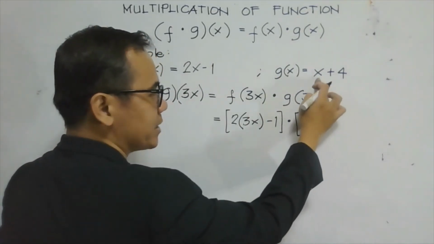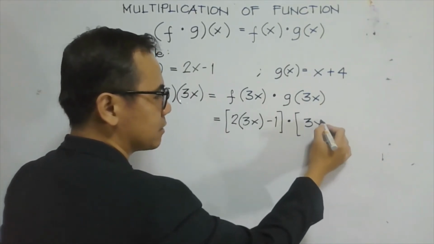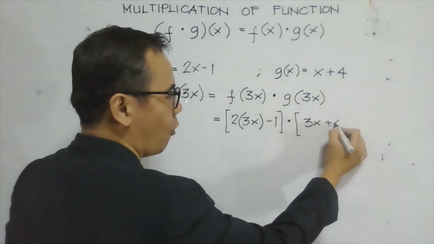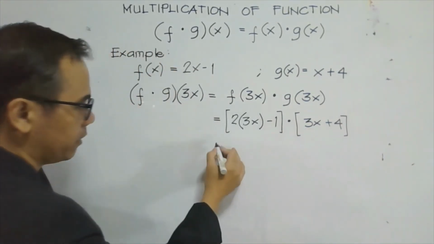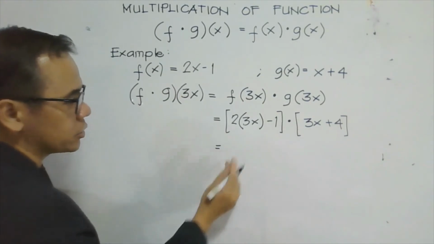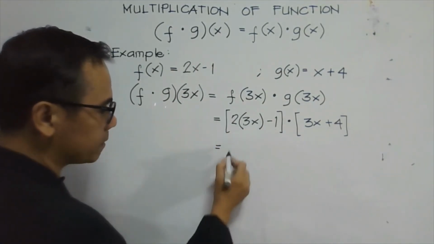We have to replace x with 3x. So this is now equal to 3x plus 4. Okay. Now, let's simplify it. So we have 2 times 3x is equal to 6x minus 1.